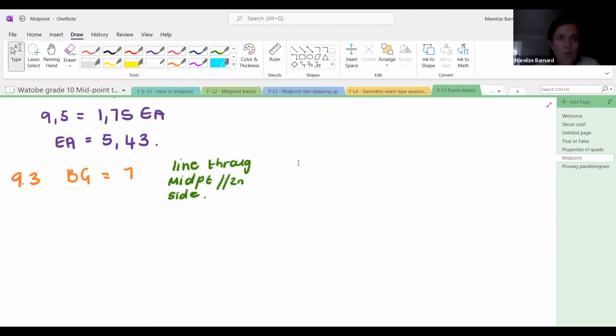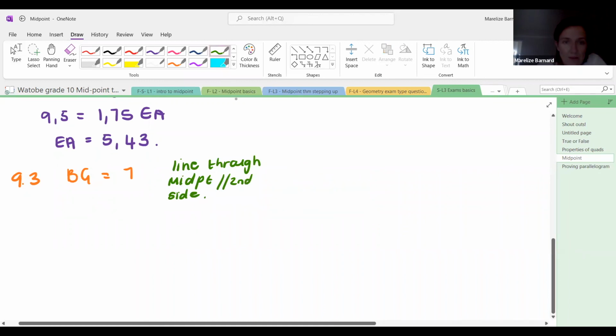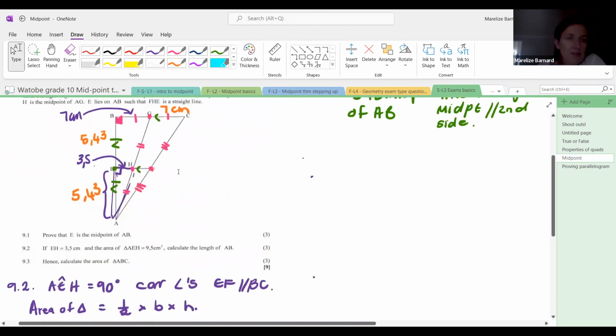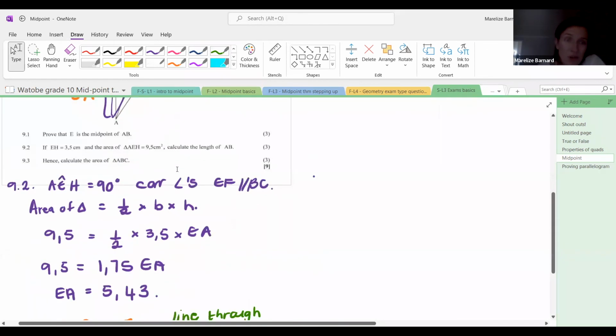Line through midpoint parallel second side. Okay, so that's BG, and then you can put units for the answer at 9.2. Yeah, you can. It's not a train smash if you leave it off. They normally don't penalize for stuff like that. But yeah, you can put centimeter.